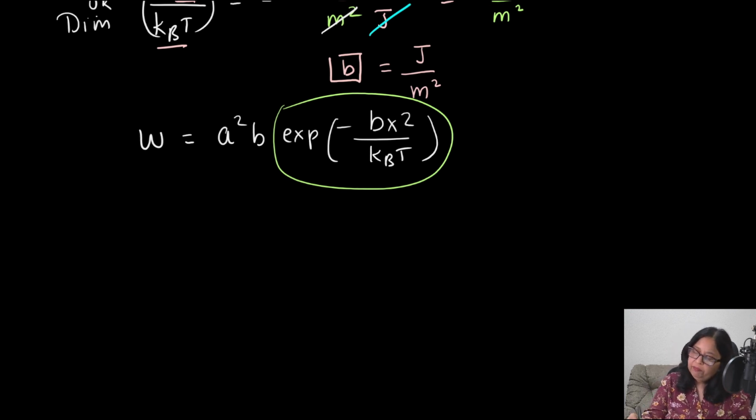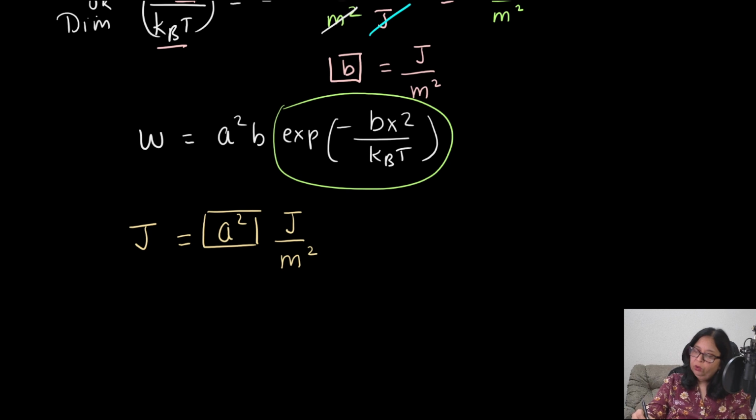On the left-hand side, I have joules for work. A squared, I want its units. B equals joules per meter squared. Now, go ahead and divide both sides by joules. Go ahead and multiply both sides by meter squared.